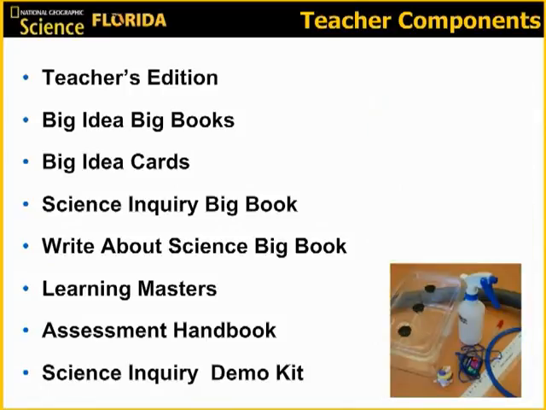And finally, you will receive a teacher demo kit that contains many materials needed to demonstrate each inquiry activity for that unit. Each unit also has its own complete science inquiry kit that contains a class set of many of the materials you need for every inquiry activity in that unit, but this is a separate purchase.